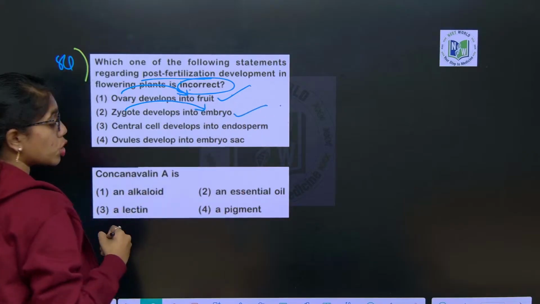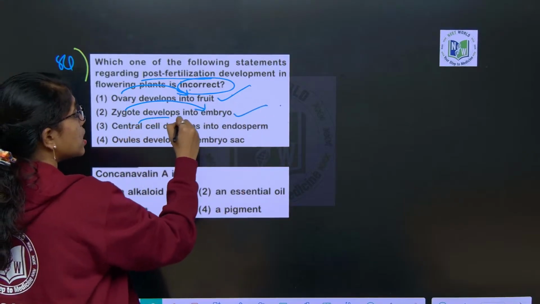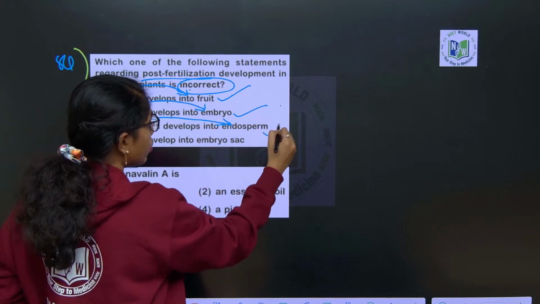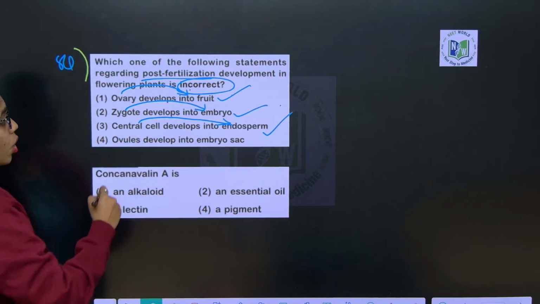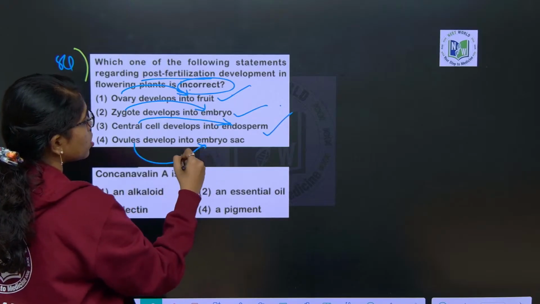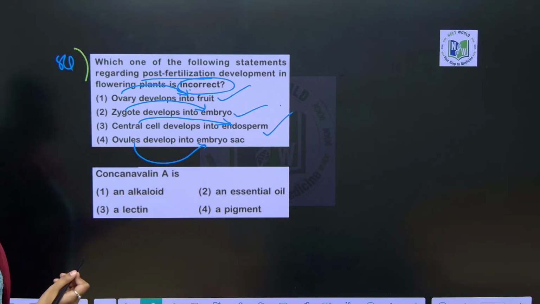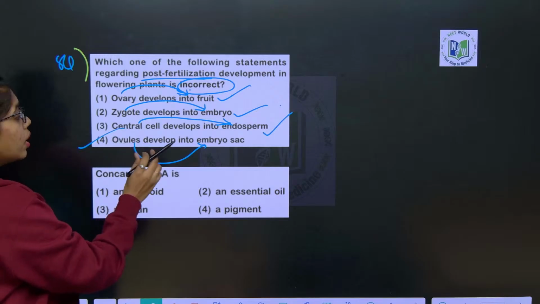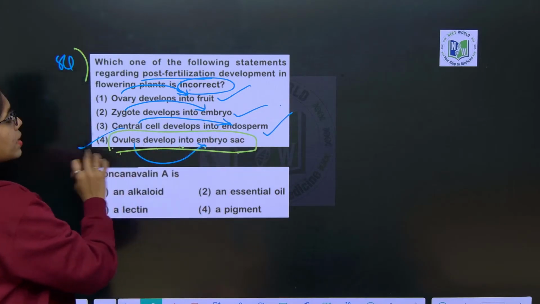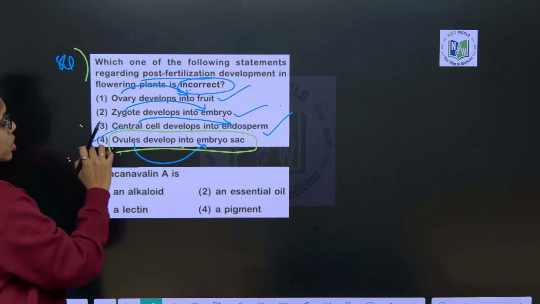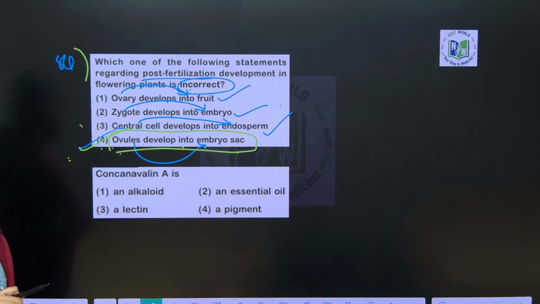This is also a post fertilization event. Central cell or polar nuclei will turn to triploid endosperm. This is also a post fertilization event. Ovule turning to embryo sac is a pre-fertilization event. Okay, ovule develops into embryo sac is what, ma? Pre-fertilization event. So here what will be our answer? Option 4 is the correct answer.